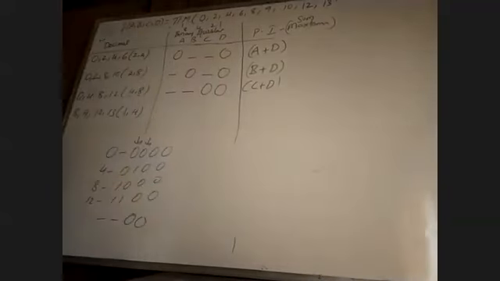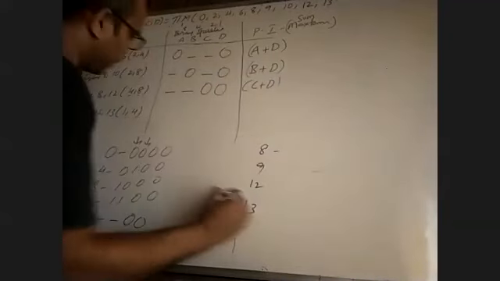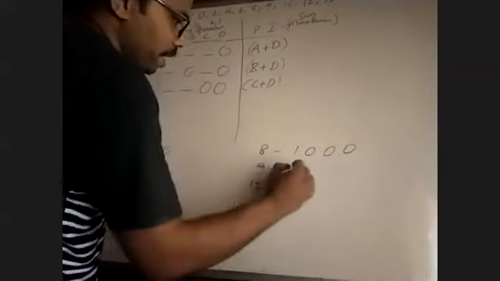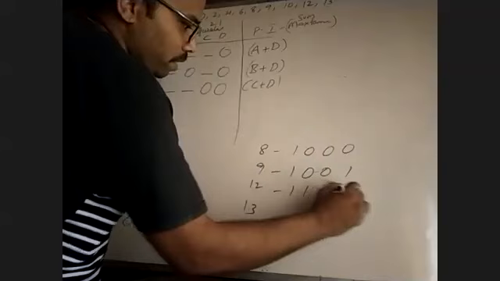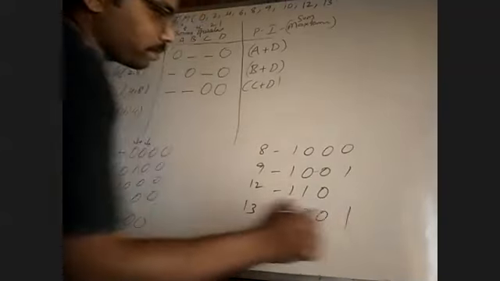And the last one, what is the last one? 8, 9, 12, 13. Right now 8 is 1 0 0 0, 9 is 1 0 0 1, 12 is 1 1 0 0, and 13 is 1 1 0 1.